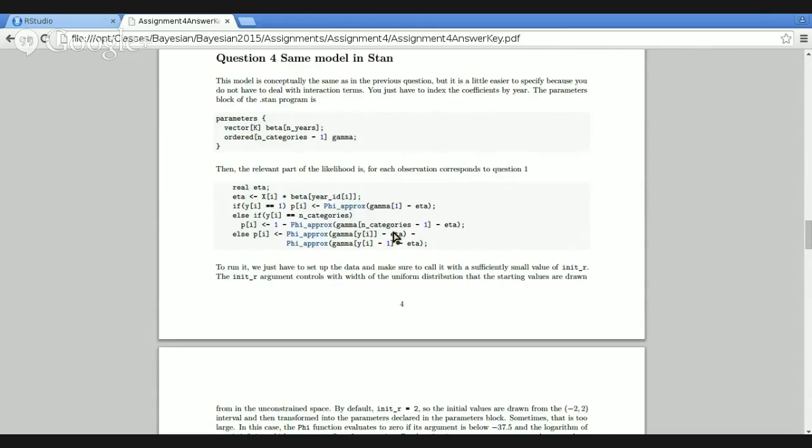Of course, you could generate an X matrix with a whole bunch of interaction terms in R and pass that to Stan and estimate the model with a giant vector of betas.